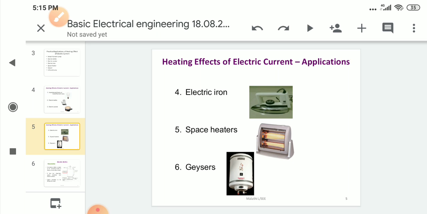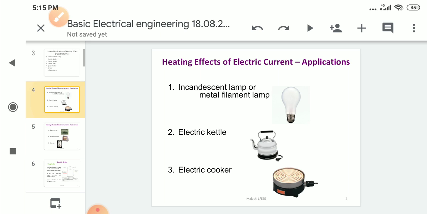So here the concept is electrical energy is converted via this heating element into heat energy. These appliances differ only in appearance and construction, but the basic principle of working is the same.